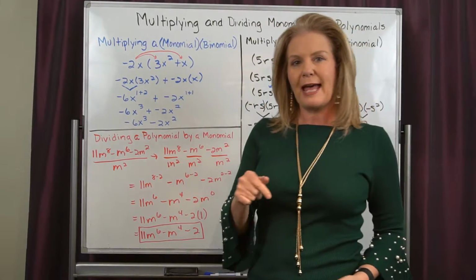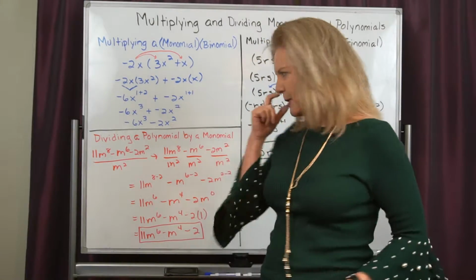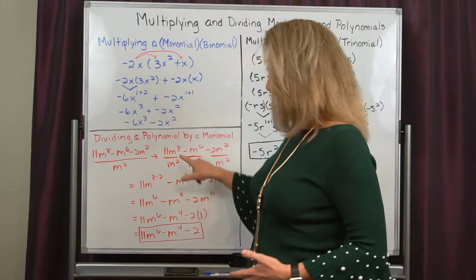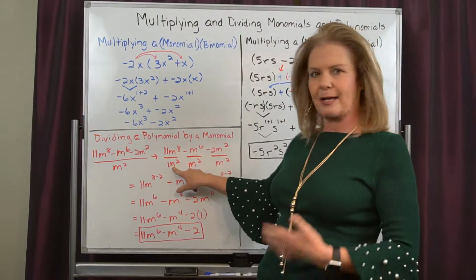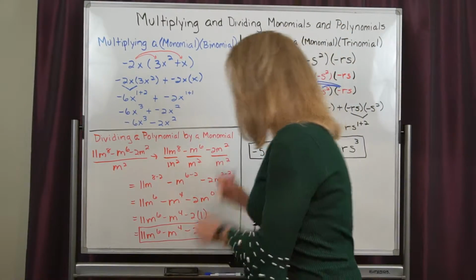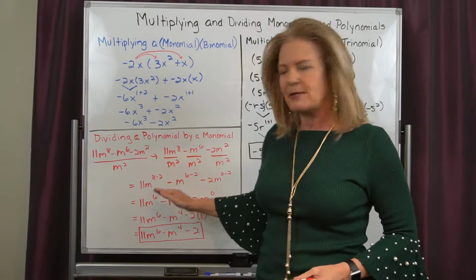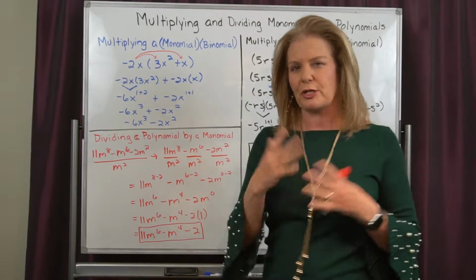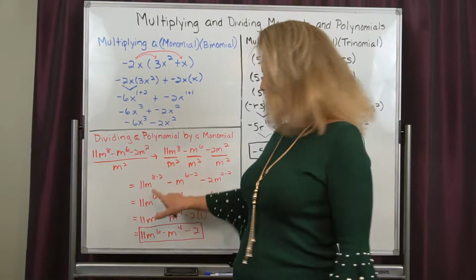Now, once we do that, now we just apply what we know about dividing exponents. So when we divide an exponent, if we take this first one, we have 11m to the 8th divided by m squared. The 11 has nothing to be divided by. There's a 1 as a coefficient, so we're working with those coefficients again. So 11 divided by 1 is just 11.